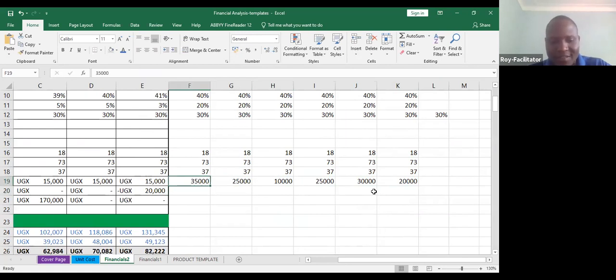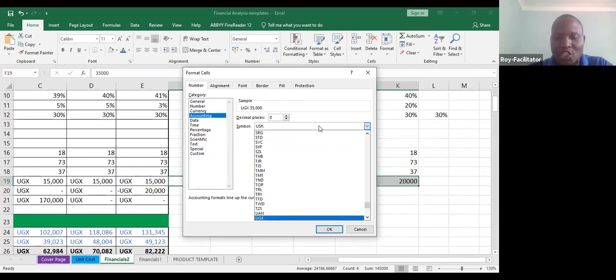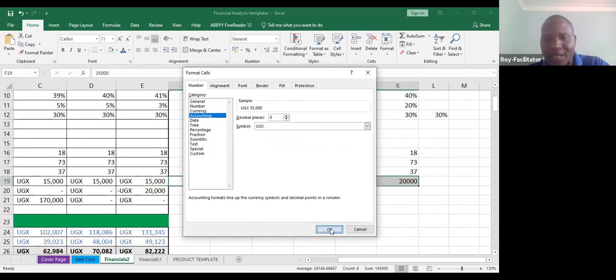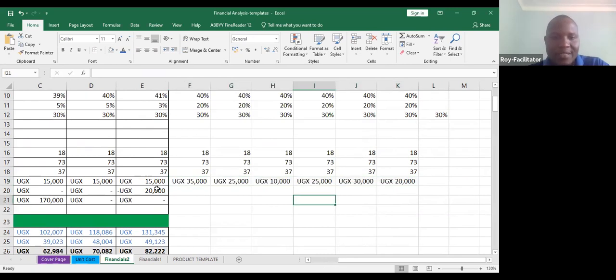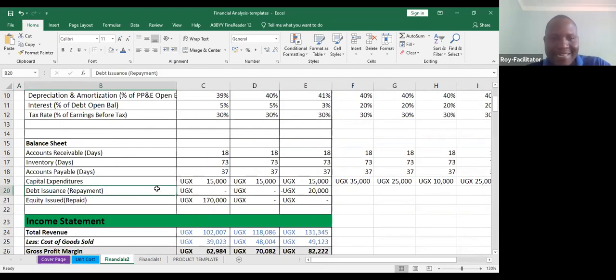Let me just make this UGX, and this is how you do it. You go there, you go to accounting, then I can change. I prefer UGX, not UG shillings. Yeah, there you go. Right. Okay. Next is debt issuance. So if I'm going to borrow money through Pitch First or whatever, then maybe I'm planning to borrow like 200K.